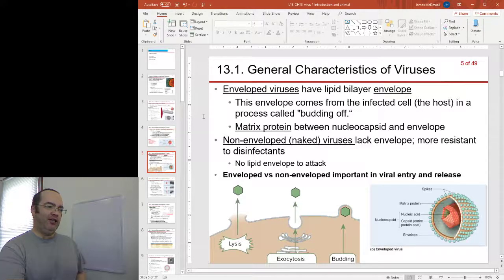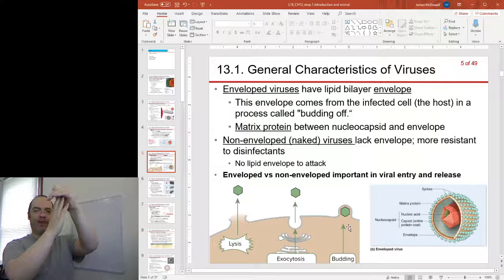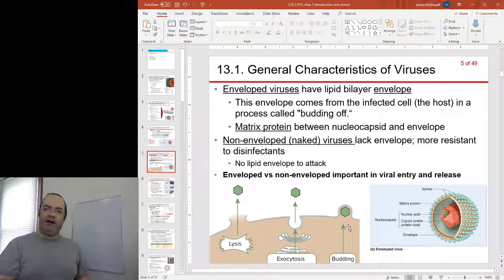And in fact, you can see here through the process of budding, and we'll look at this in more detail later on, the idea that the virus pushes itself out through the membrane of its host cell and picks up the envelope as a result.